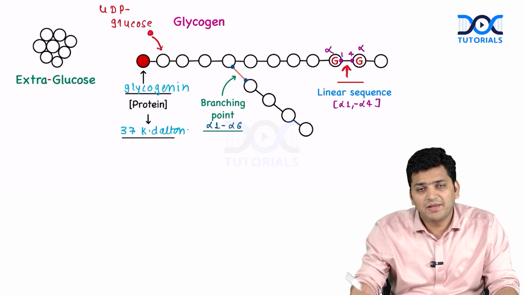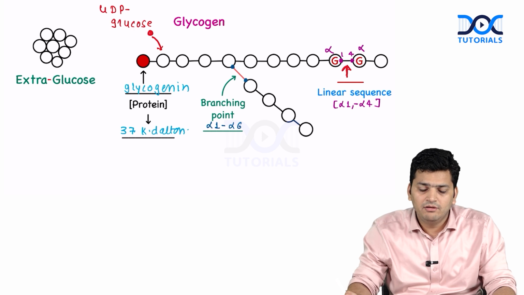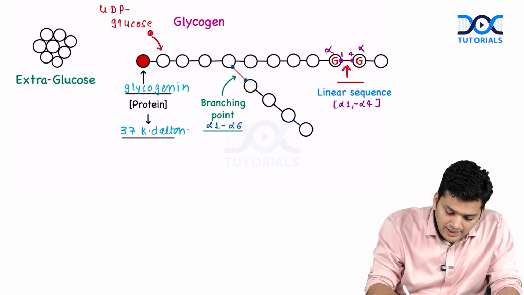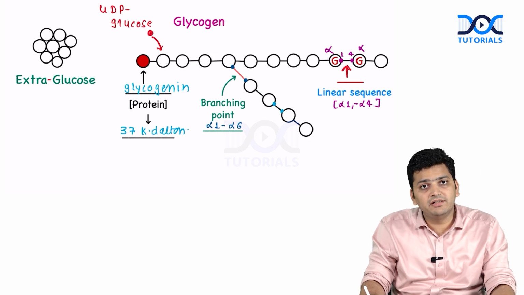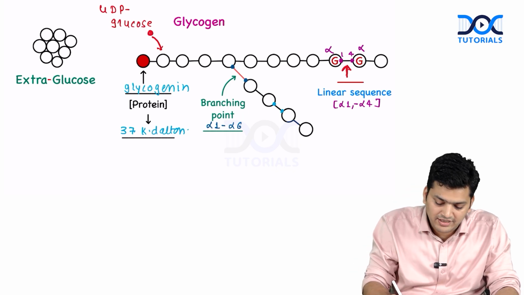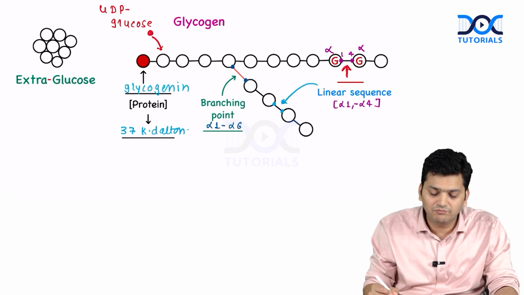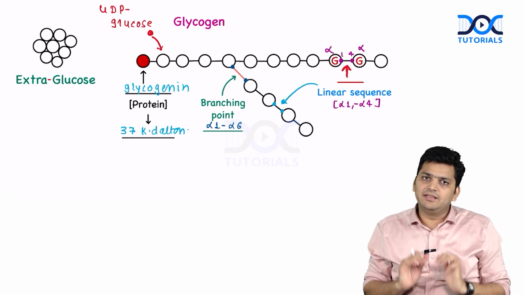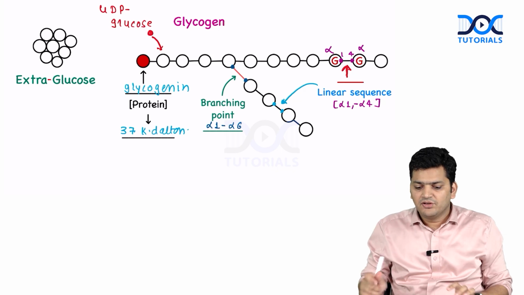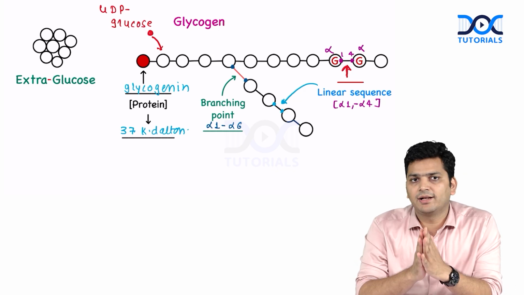And then again, we have the linear sequence. So if you have understood, answer me: what will be the direction of the bond here? Is it a branching point or a linear sequence? It is a linear sequence. And whenever we have a linear sequence, it is alpha 1, 4. So only at the branching point, we will have alpha 1, 6. In the linear sequence, we will have alpha 1, 4. So this is the basic idea about glycogen.